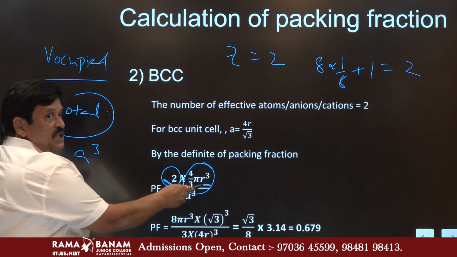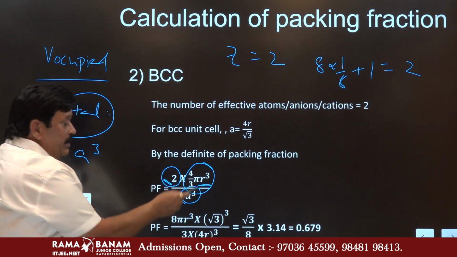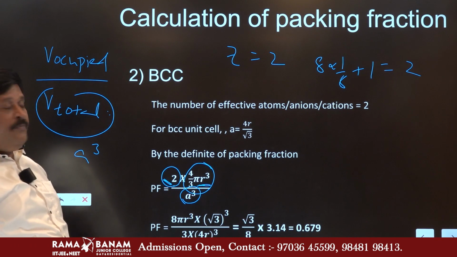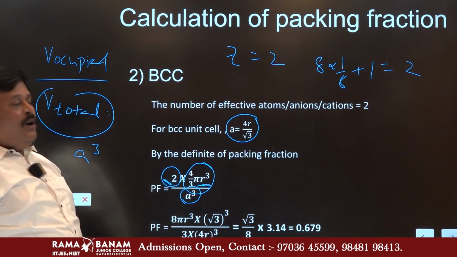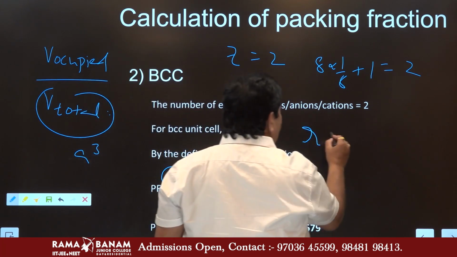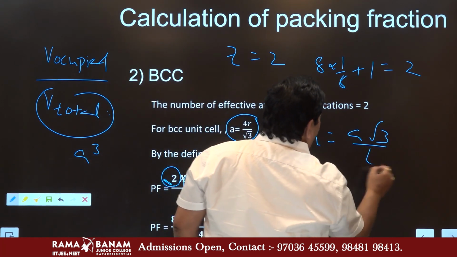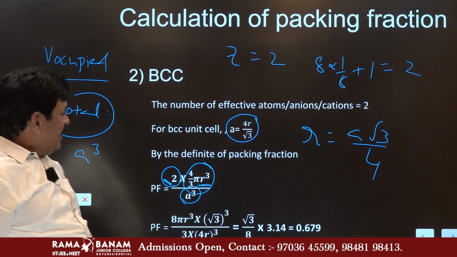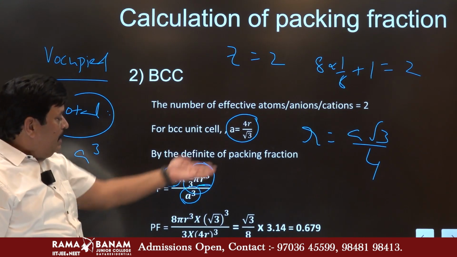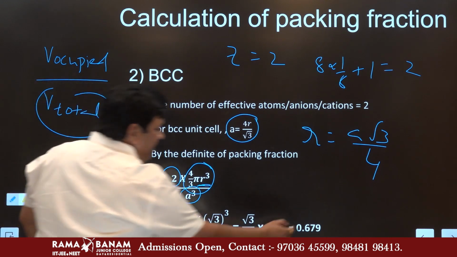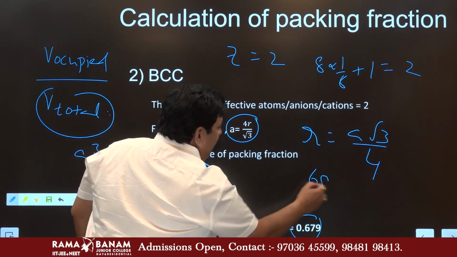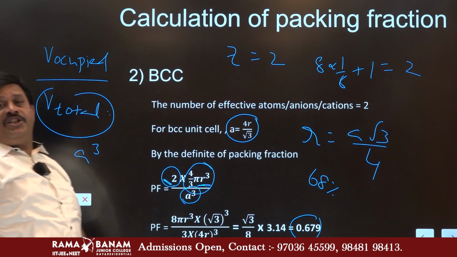Volume of one particle is 4/3 pi r cube, and the total volume is a cube. Here you should know the relation between r and a. In BCC, r is equal to root 3 a by 4. If you substitute that r, root 3 a by 4, we will get the packing fraction. It will be nearly around 68%.